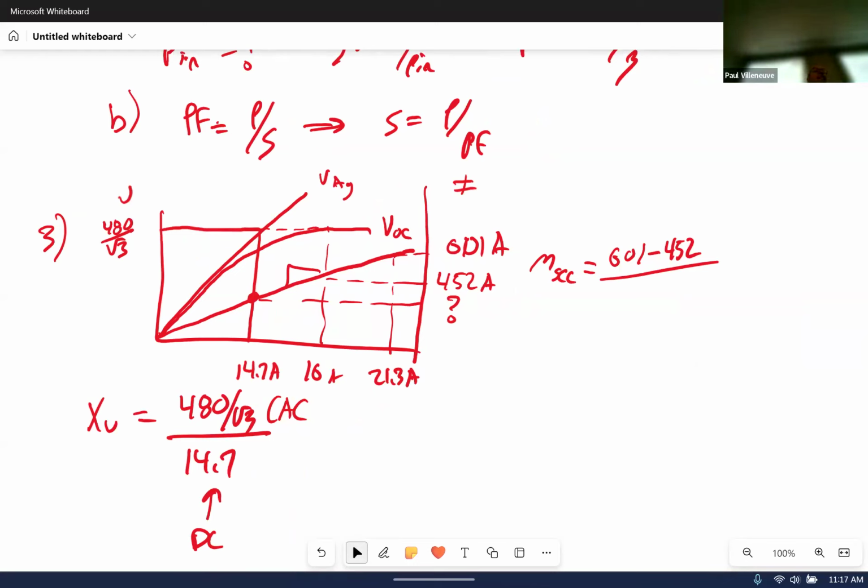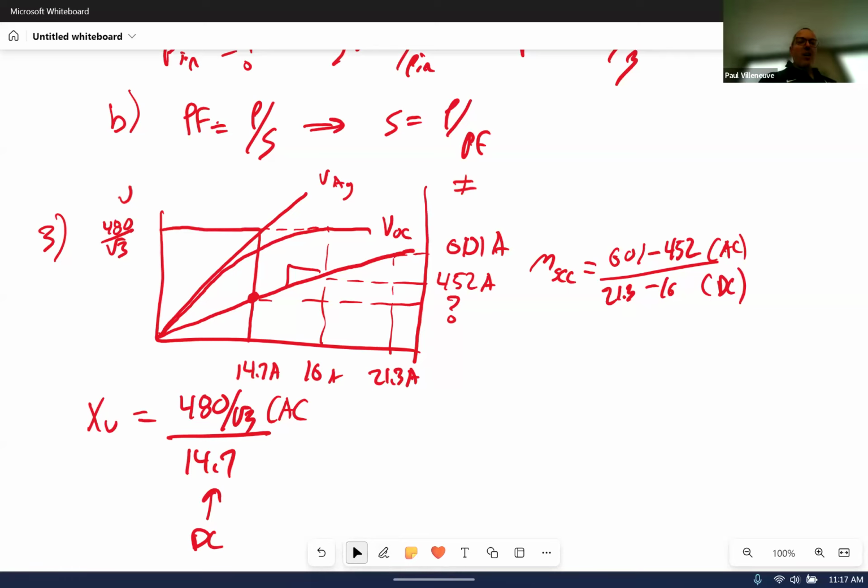What is the X-axis? Field current. So what number should I put in there? 21.3 minus 16. So this gives me the AC current change relative to the DC current.